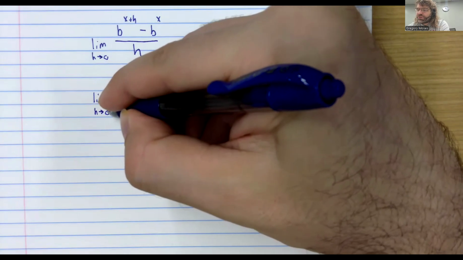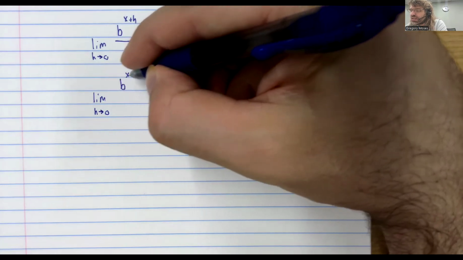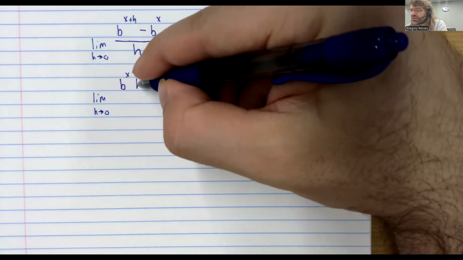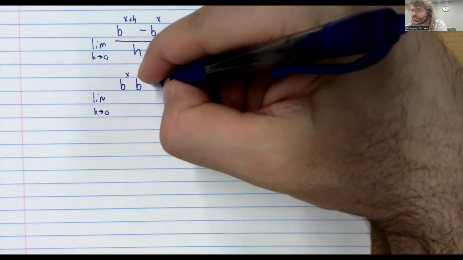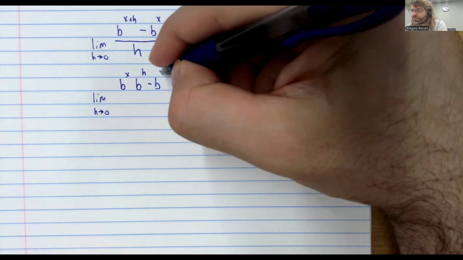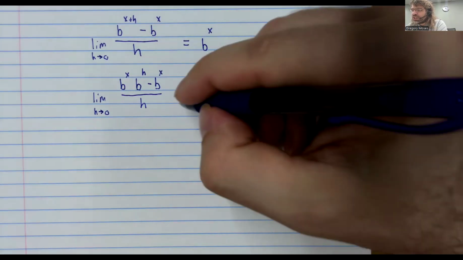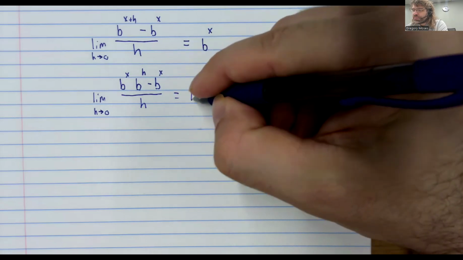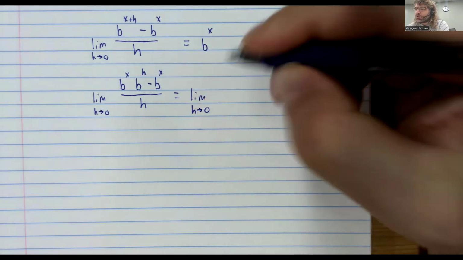Working with the left-hand side of the limit, b of x plus h is b of x times b of h. And we can pull a b of x out.